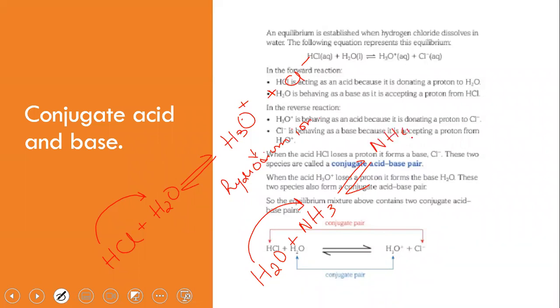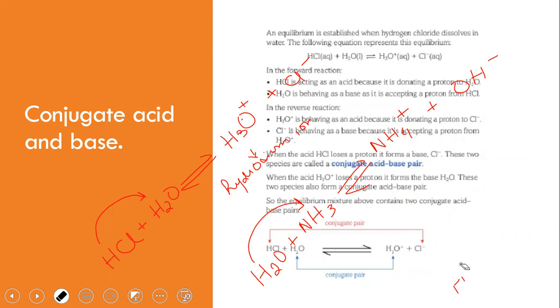Ammonia will turn into the ammonium ion, NH4+, and your water is going to end up as OH-. Again, over here, your nitrogen has a lone pair of electrons, and because of it, it is able to donate it to the hydrogen ion and make NH4+. So that's what I said, that for it to be a proton acceptor, it needs to have a lone pair of electrons that it can use to make a dative covalent bond.